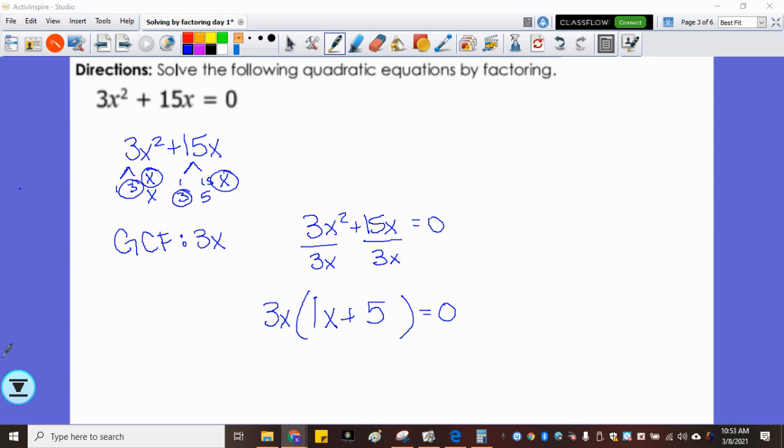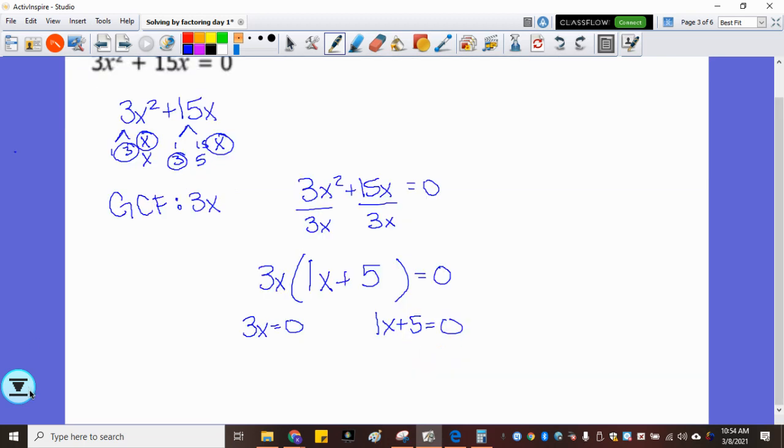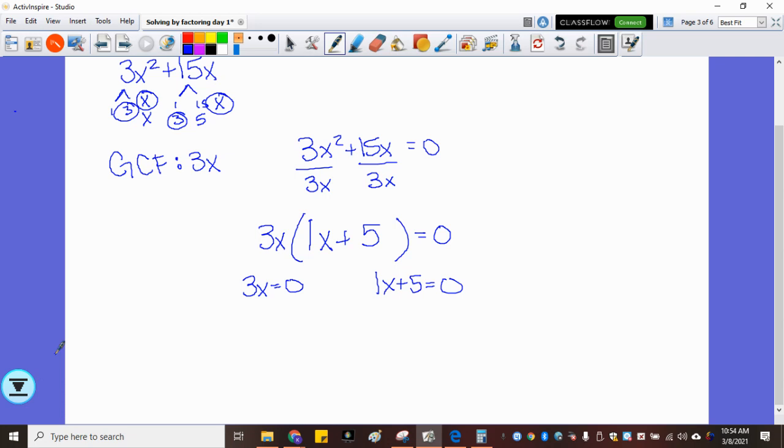And then you just set both factors equal to 0 and solve. So 3x equals 0, solve that one. x plus 5 equals 0, and solve that one.